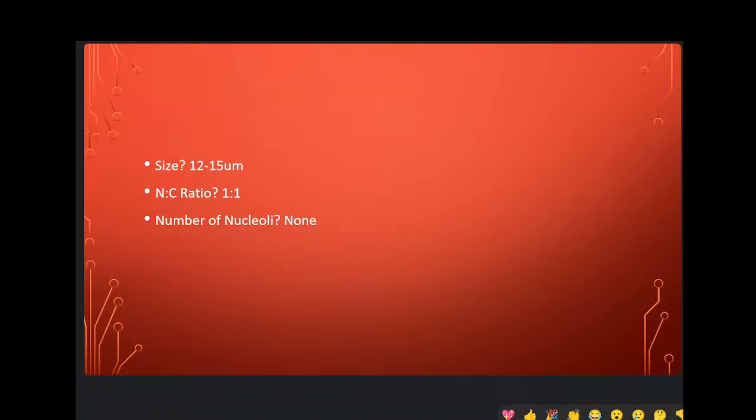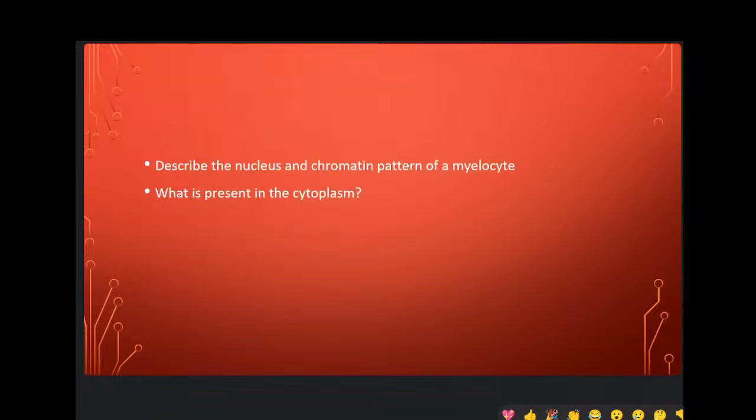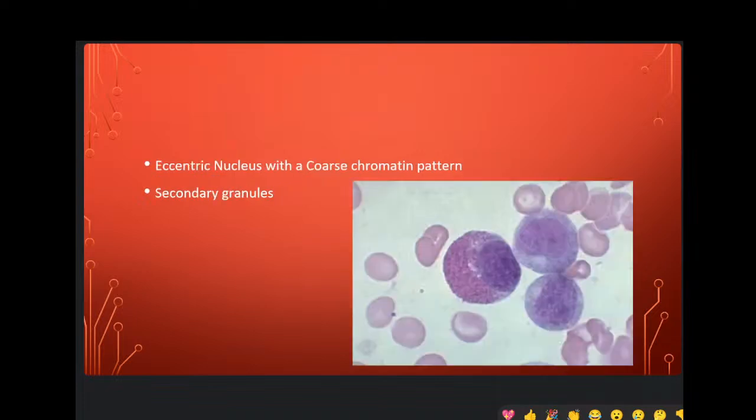We can go deeper. Next slide. We can describe the nucleus and the chromatin pattern of the myelocyte as an eccentric nucleus with a coarse chromatin pattern, and it has what you call secondary granules that is present in the cytoplasm of a myelocyte. Okay?